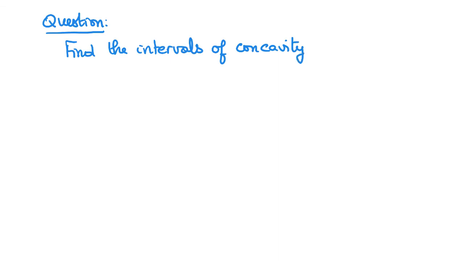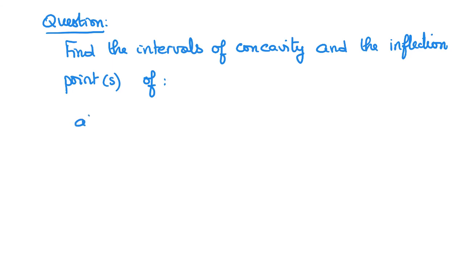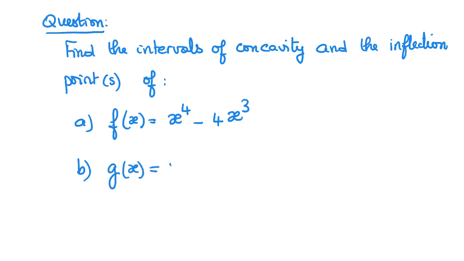The intervals of concavity and the inflection points of the following two functions. A: f of x is x to the power of 4 minus 4x to the power of 3. And the second function to have a look at is x ln x minus x squared.